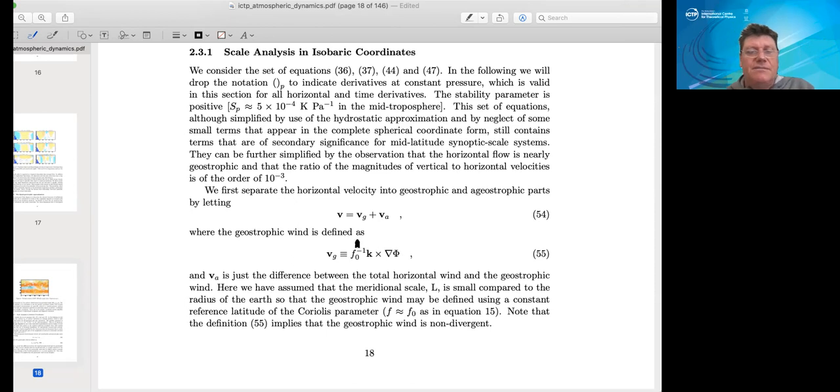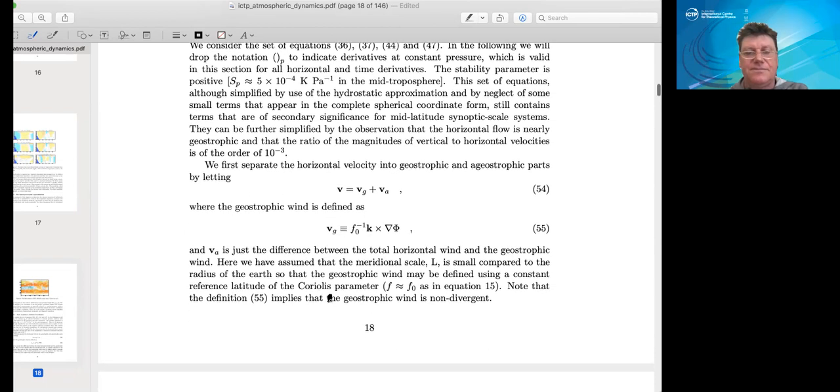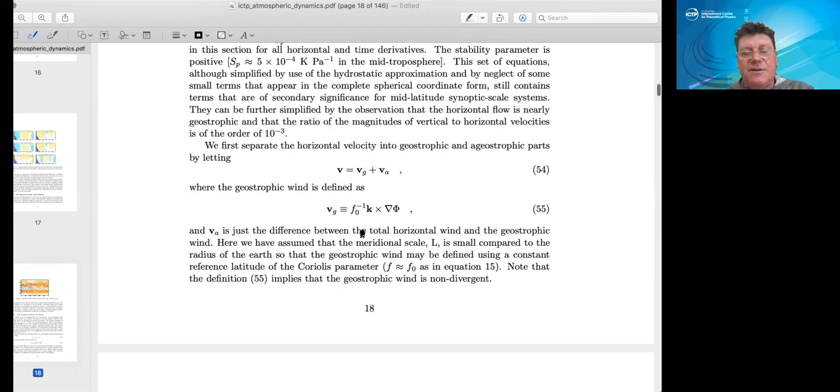The geostrophic wind is defined in this way. In order to define the geostrophic wind, usually we use a constant Coriolis parameter. There's a reason for this. This Coriolis parameter could be valid at some base point in the extratropics, let's say at 45 north, if we are interested in flow variations in that region. With this definition, the geostrophic wind is non-divergent because it's defined exactly by a stream function.